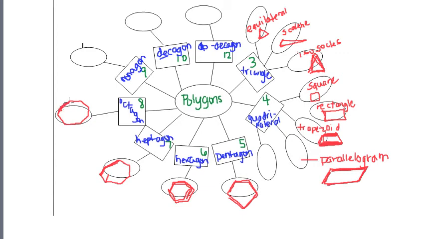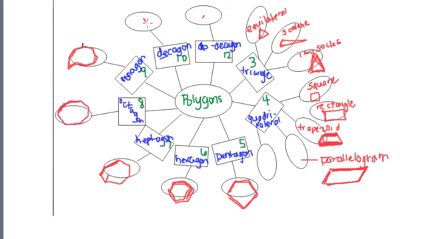Okay. Again, straight sides. Nonagon. 1, 2, 3, 4, 5, 6, 7, 8, 9. Woo-wee. Sorry, my pen's not very clear. And then I want you to do the best you can to draw a 10-sided and a 12-sided.